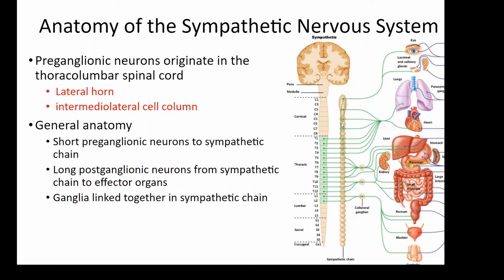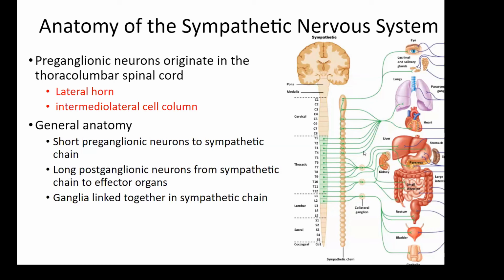Another thing you might note if you look at this sympathetic chain very carefully is that all these ganglia are connected together, like a chain of ganglia. So it is actually true that a preganglionic neuron can come into the sympathetic chain and then travel up or down it to synapse with a postganglionic neuron at a higher or lower level than where the preganglionic neuron entered.